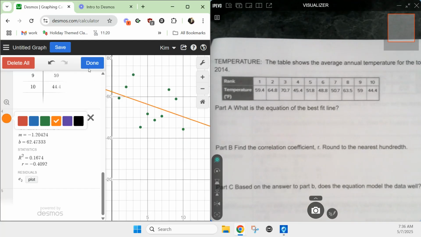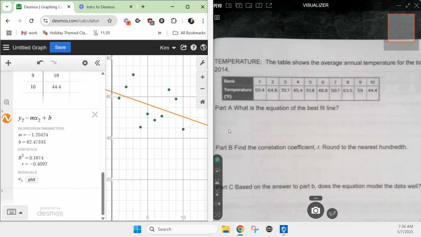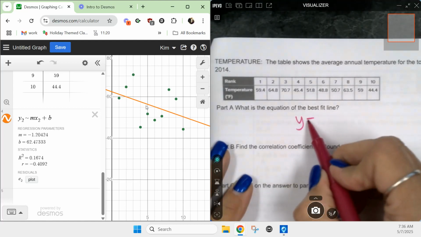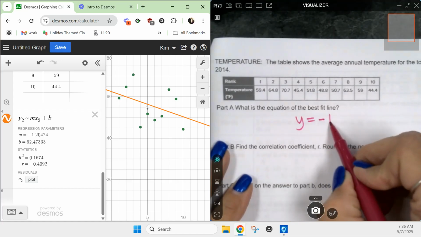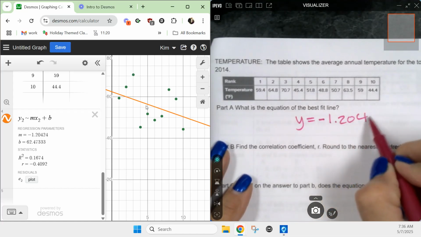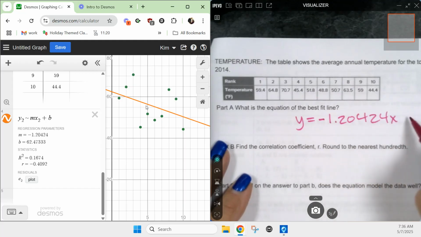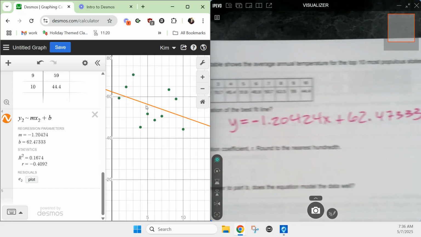You can do orange if you want. I don't care. Okay, so there we have it. There is our line. So it's wanting our equation of the line. So our equation would be y equals -1.20424x, and that's plus 62.47333. Oops, sorry, you can't see it.